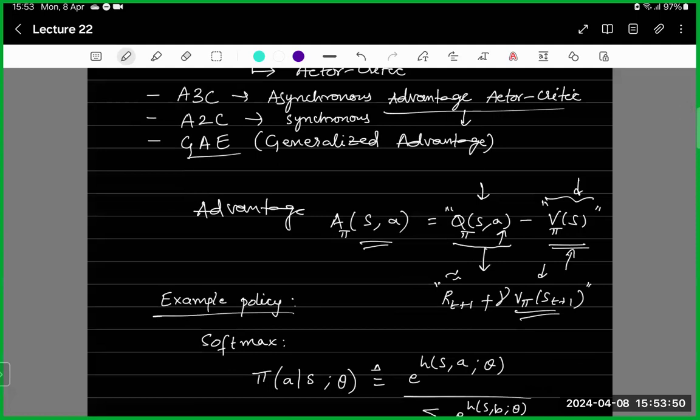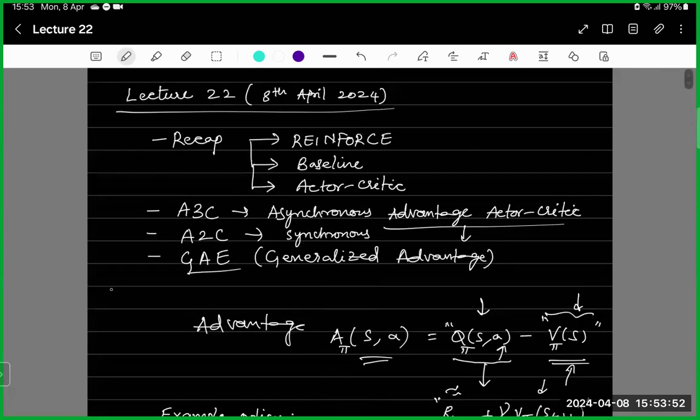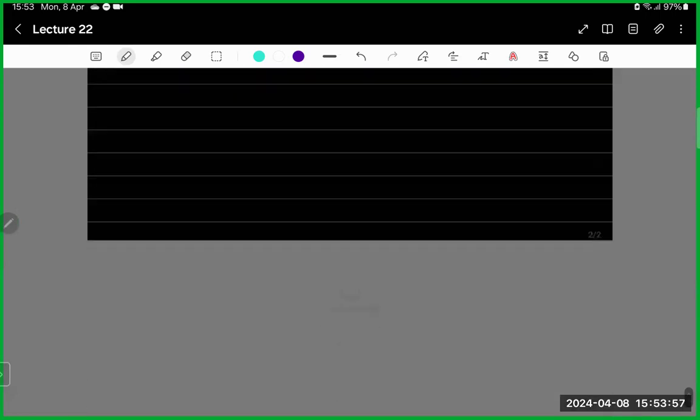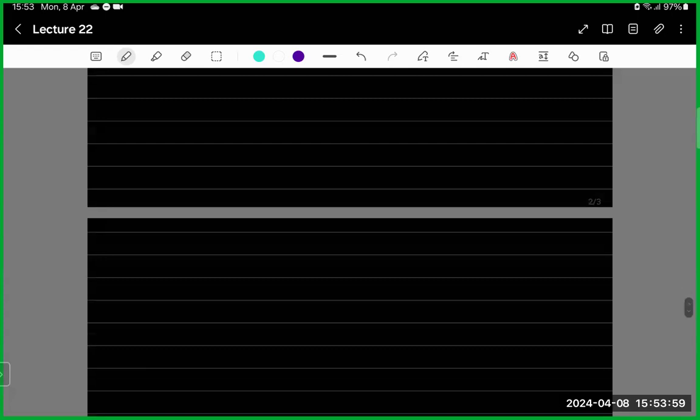Before I go into the specific details of these, let's briefly recap what we know about the basic policy gradient algorithm. What is the basic policy gradient algorithm? What is the performance metric?